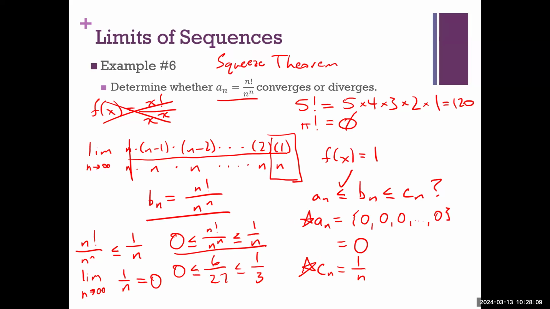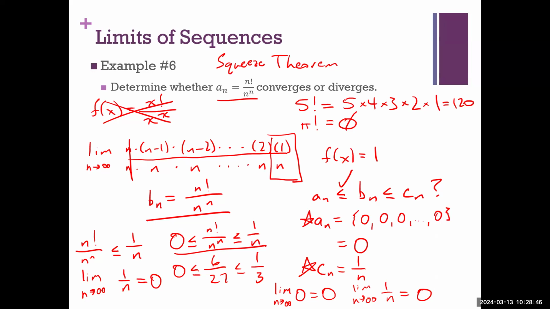So now what I want to think about is this. What's the limit as n approaches infinity of 0? That should be 0. All the terms in that sequence are 0. What's the limit as n approaches infinity of 1 over n? 0. So if the largest sequence and the smallest sequence both converge to 0, and there's a sequence that's always right in the middle of them, what does it have to converge to?